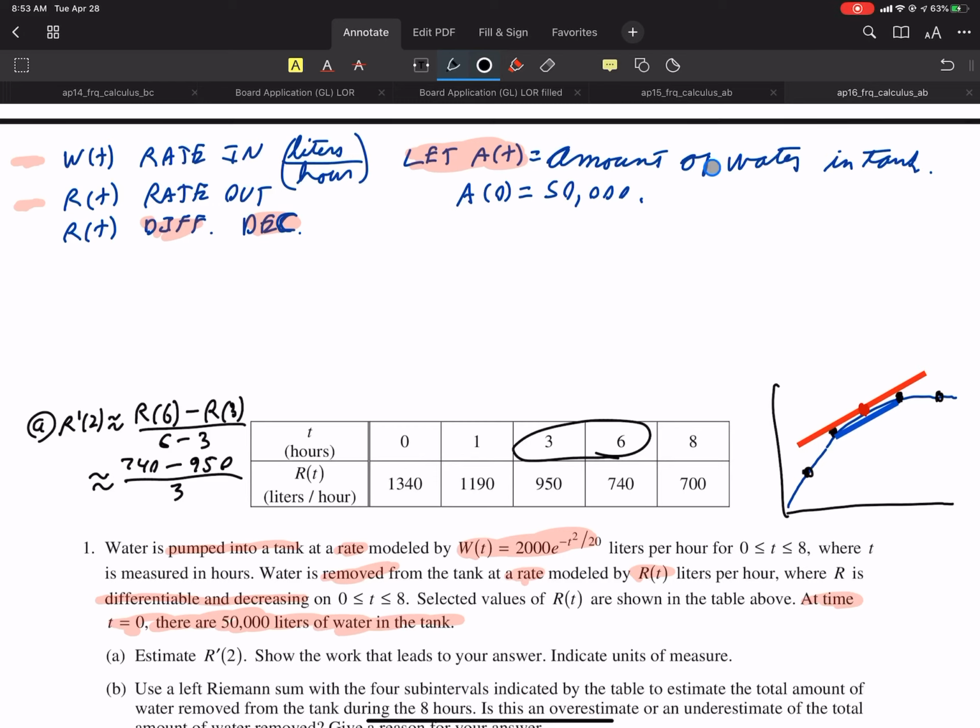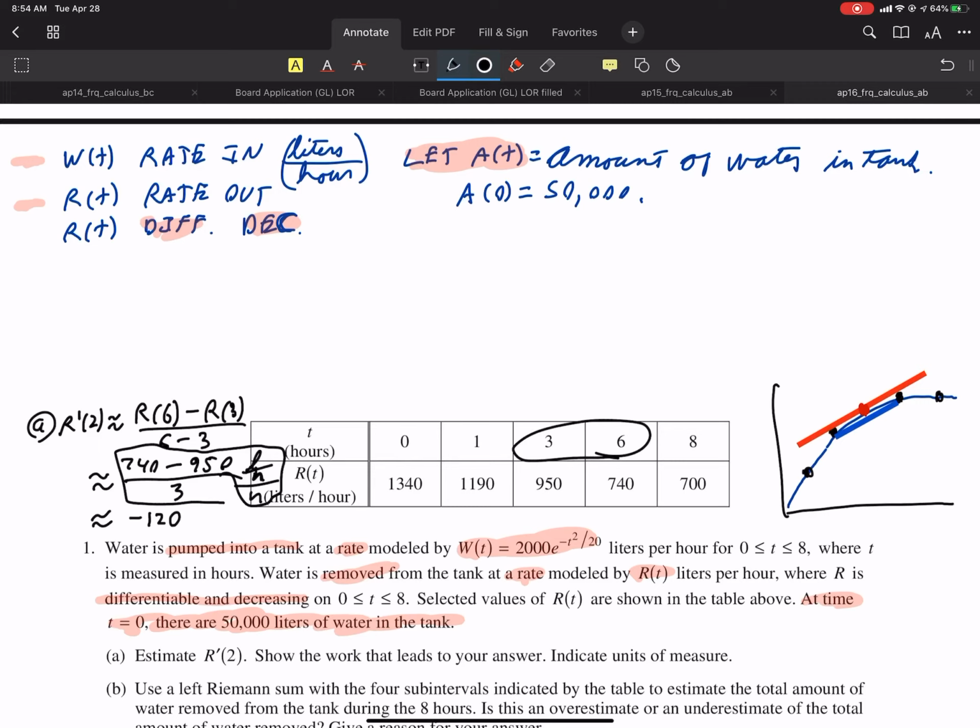Now here's the thing, they want units of measure. R is in liters per hour, and t is in hours. So I'm going to put liters per hour over hours. You can leave it in that form. You should not simplify. Since you have a calculator, I guess this is less risky, but it's a waste of time. This answer is fine.